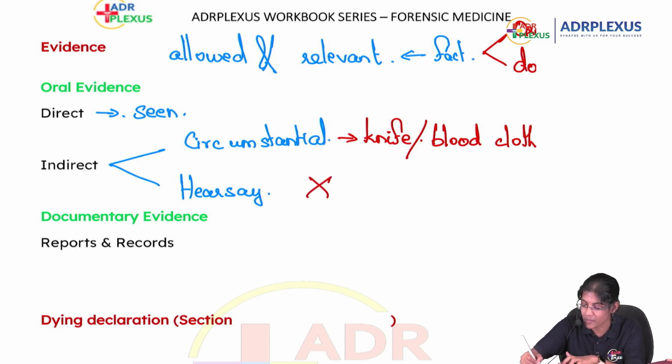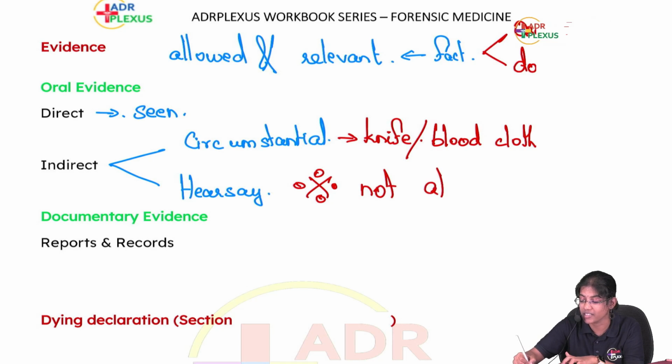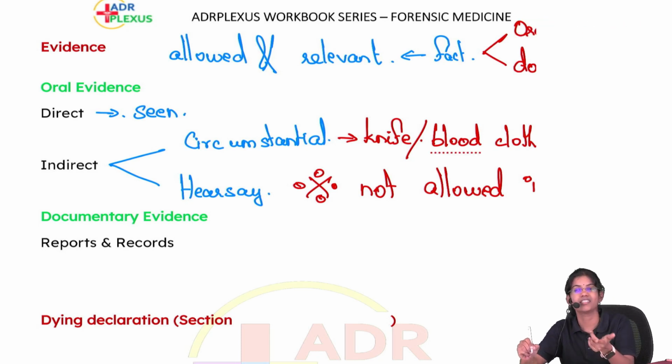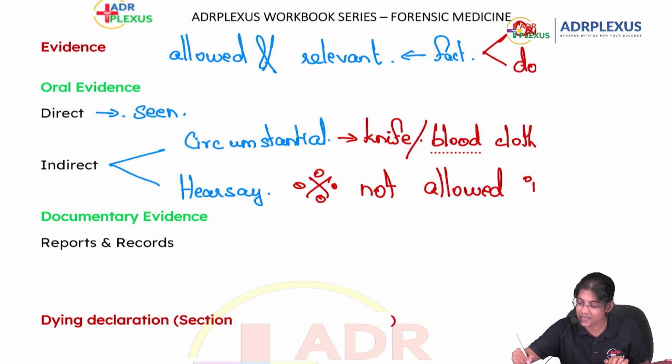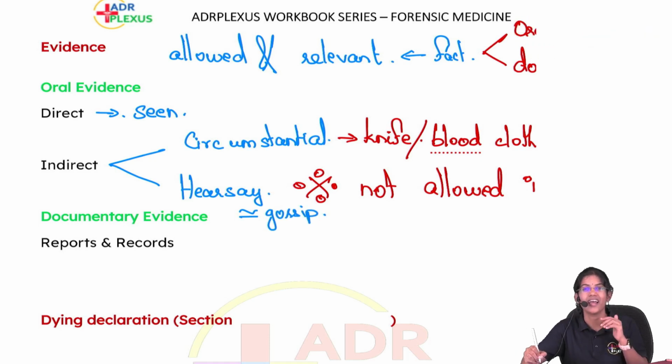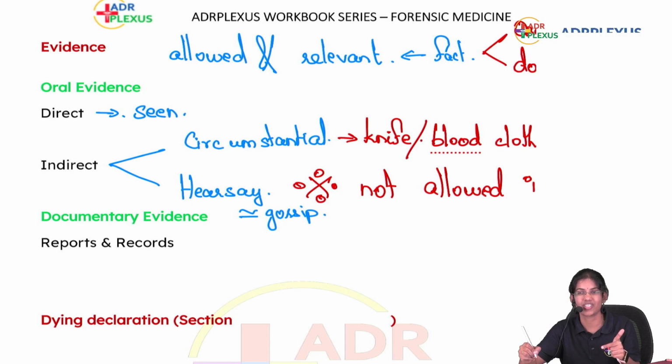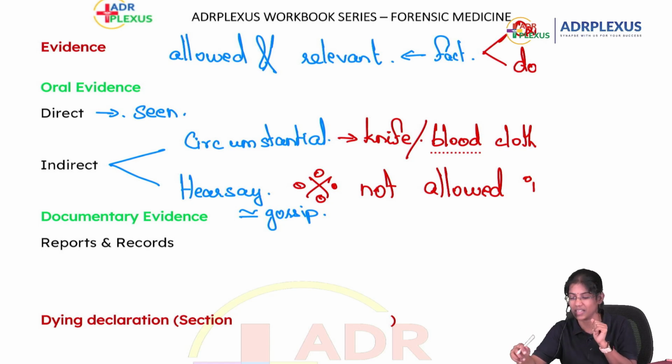Hearsay evidence, remember, it's important to know, is not allowed in court. She told me, he told me, no. Hearsay is similar to gossip. That's why they don't allow it. Interpretation can change, right? So that's why it's not allowed.